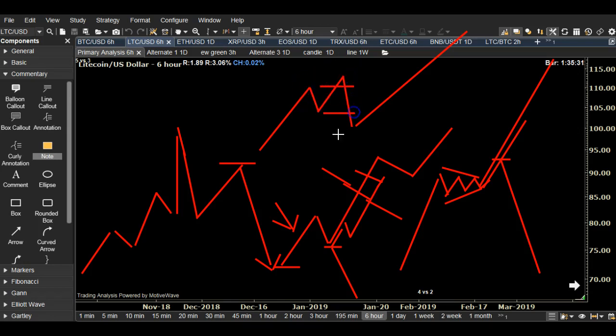It fakes out everybody below here, and then it moves up. So this is very tricky to trade. These running flats or expanded flats are tricky. But usually, if you see this kind of pattern, you will know that this third wave would be extremely aggressive, because after a running flat, the third wave is very aggressive.